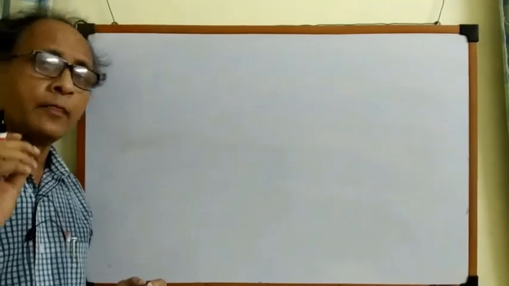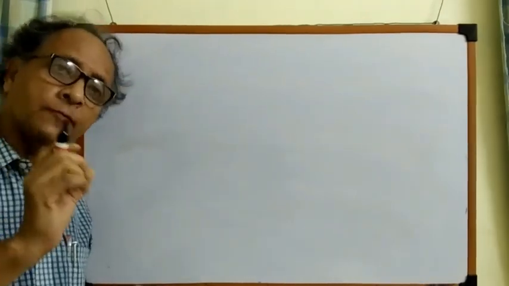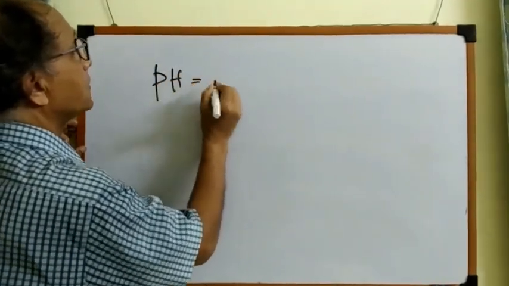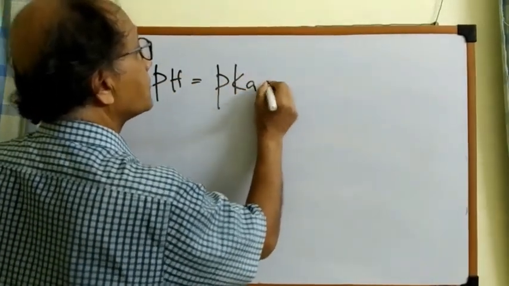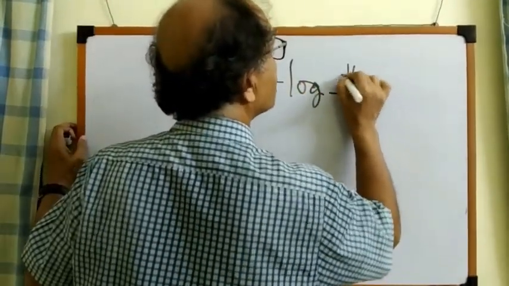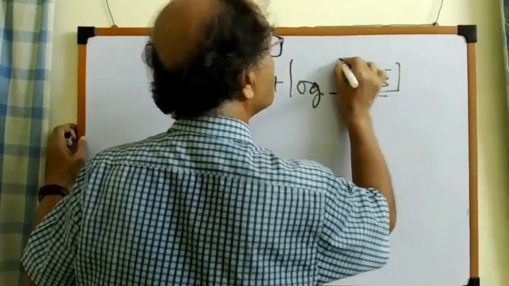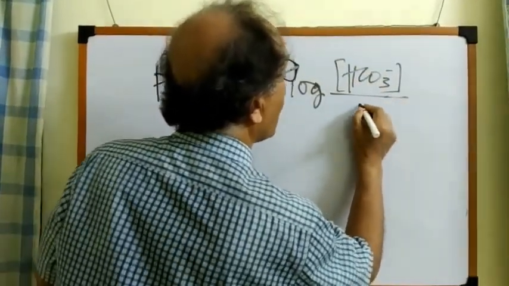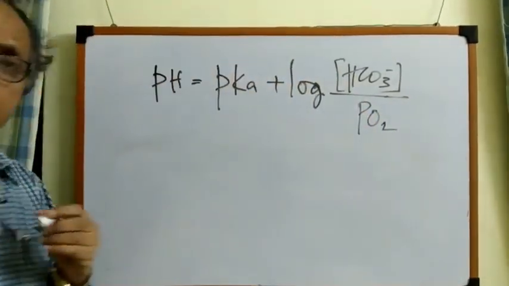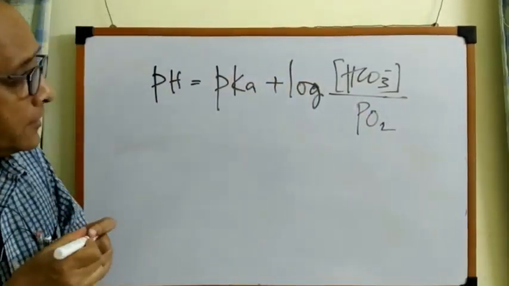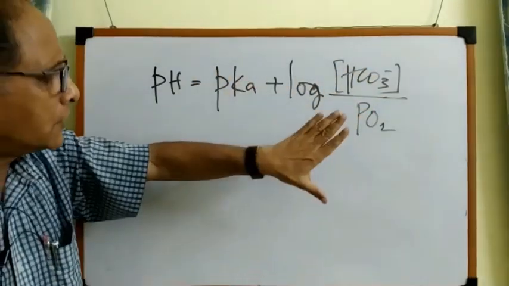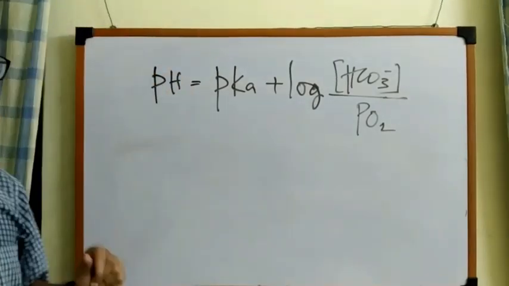So I will write the Henderson-Hasselbalch equation with respect to the bicarbonate buffer: pH is equal to pKa plus log of HCO3 minus, the conjugate base, over PCO2. This equation we have described adequately.